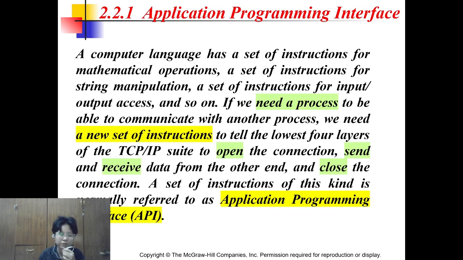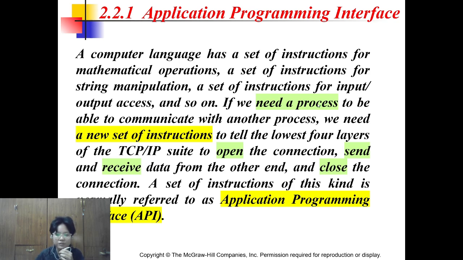About the application programming interface. A programming language has a set of instructions for mathematical operations, a set of instructions for string manipulation, a set of instructions for input and output access, and so on.